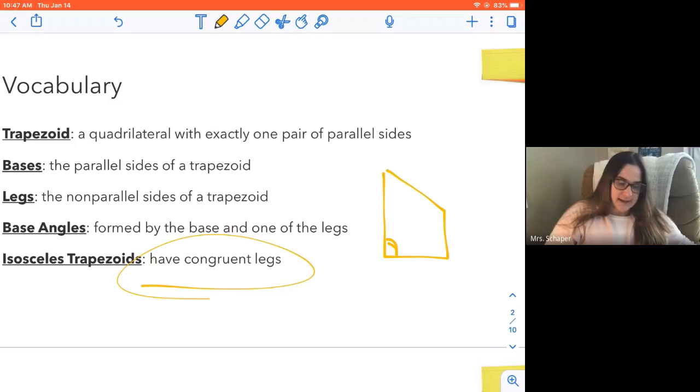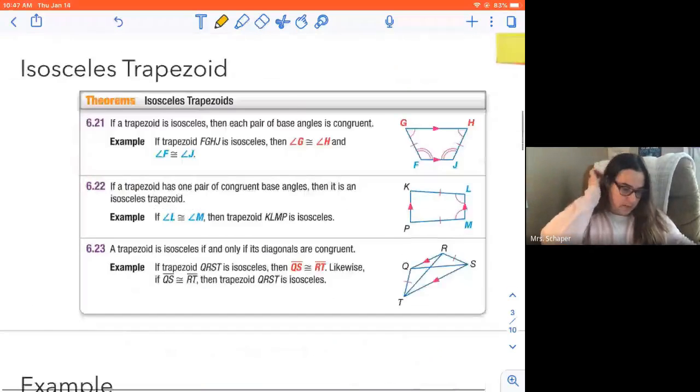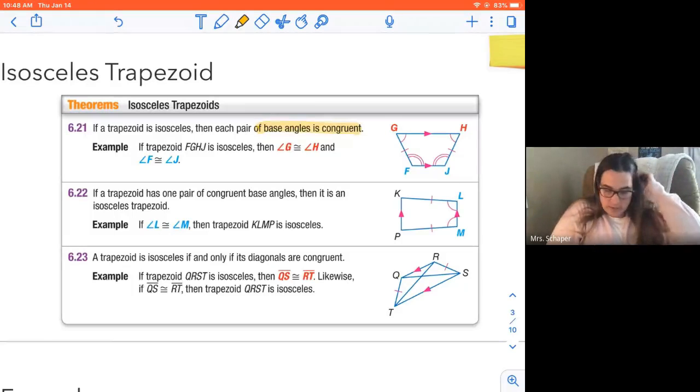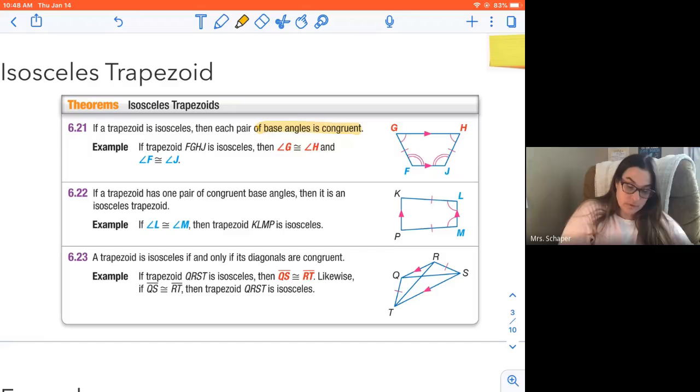All right, so an isosceles trapezoid, let's talk a little bit more about it, okay? Each pair of base angles is congruent. If a trapezoid has one pair of congruent base angles, then it's an isosceles trapezoid. All it has to have is one pair.